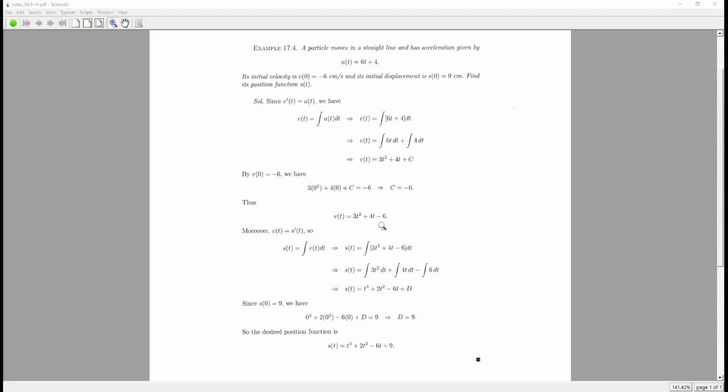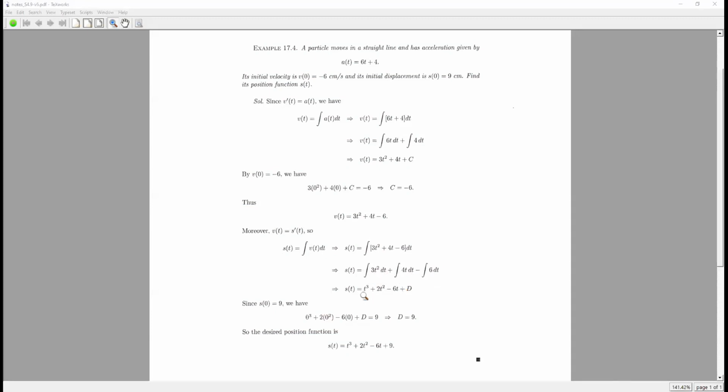On the other hand, we know that the derivative of position is velocity. That is, position is an antiderivative of velocity. So position is the indefinite integral of velocity. Now plug in this function for velocity, then we get this equation. Split this integral into a sum and a difference, and then find the antiderivative for each of the three integrals.